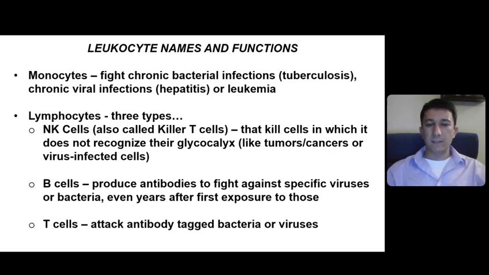And then finally we have the T cells, which are the cells that actually go after the antibody tagged cells, because the B cells are producing antibodies that are going to tag specific pathogens or viruses in our body, and the T cells are those cells that are actually going after those antibody tagged bacteria or viruses to destroy them. So that concludes our Module 1, Lab 1 focused review mind map session.